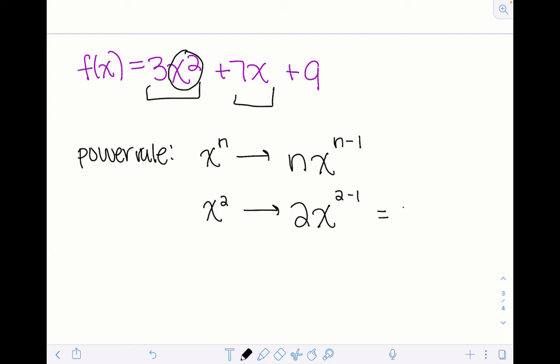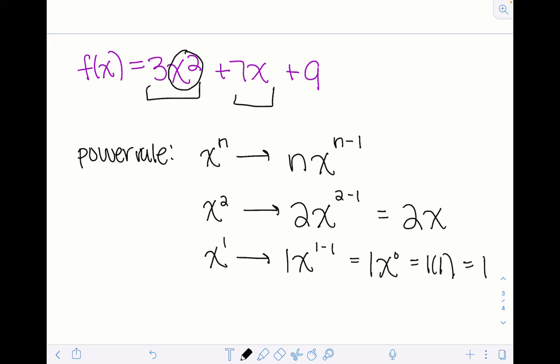And we could simplify that to be 2x. If we have x, which we could rewrite as x to the 1, that means 1x, 1 minus 1, which is 1x to the 0. Anything raised to the 0 is 1, so our answer in this case is just 1.